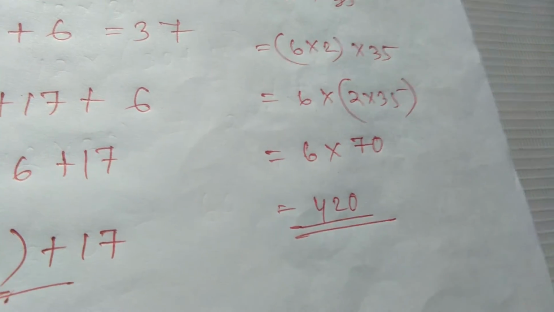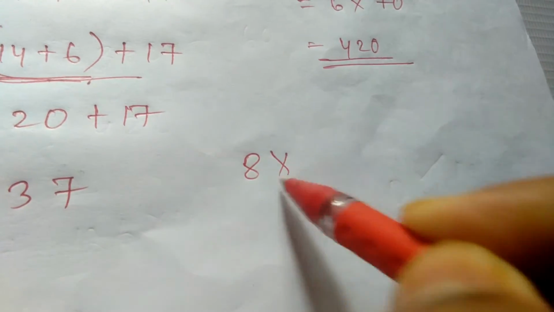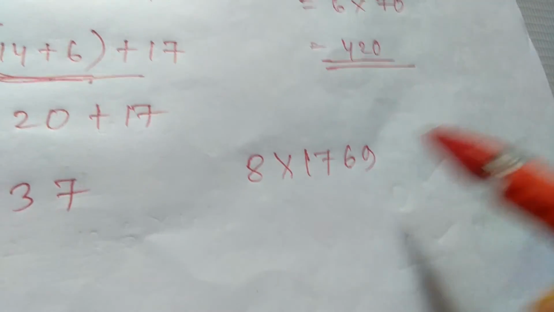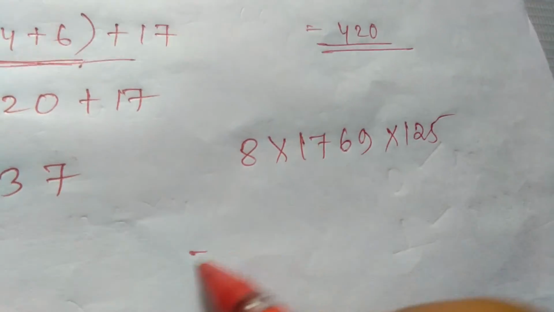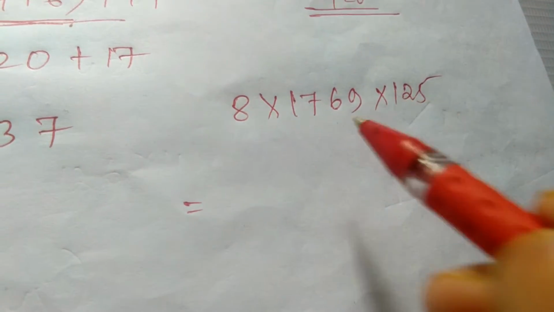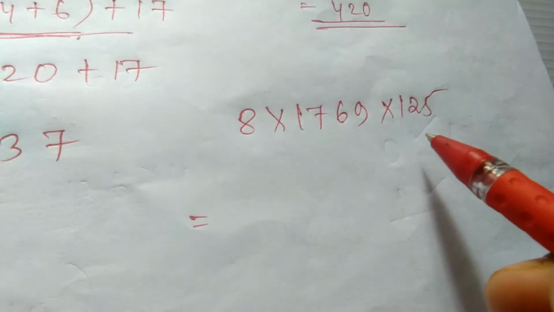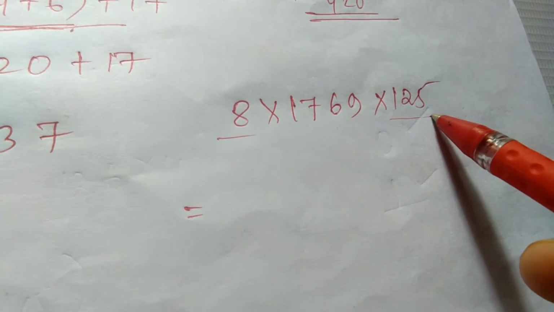And one more thing, that is 8 into 1769 into 125. As I told you, we can change the place to do this type of thing. So here I have seen 8 and 125.